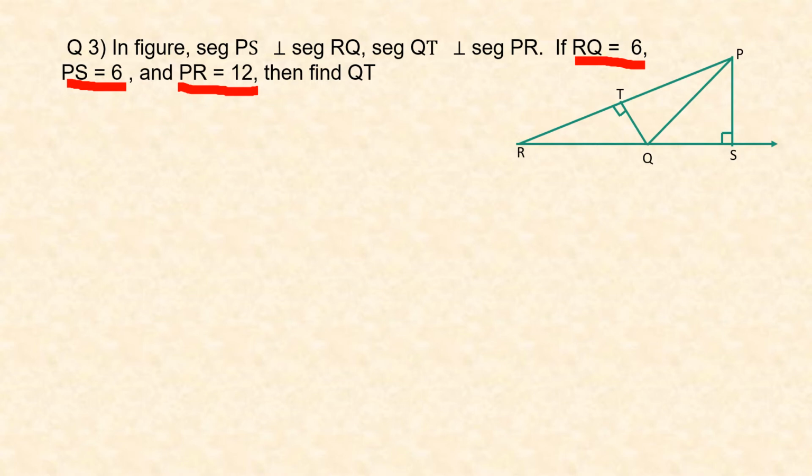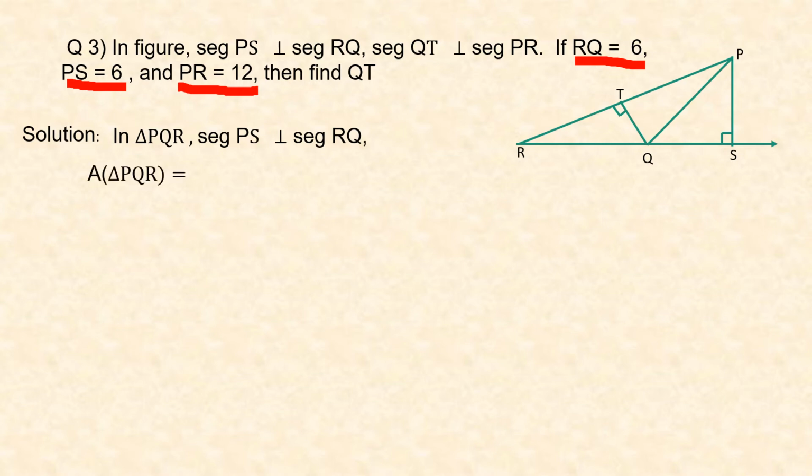Now write down, in triangle PQR, PS perpendicular to RQ. Area of triangle PQR is equal to half into RQ into PS.